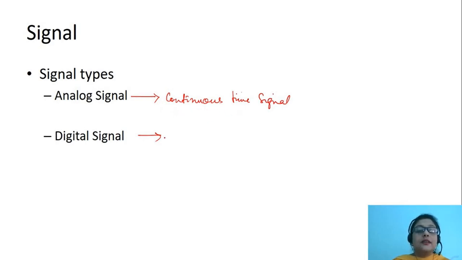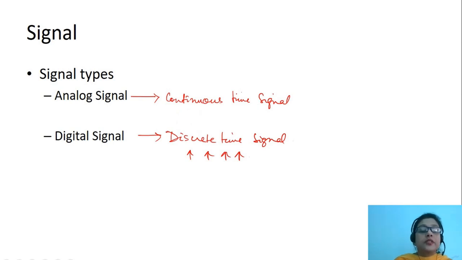And a digital signal is basically a discrete time signal and it exists at certain instants of time. So this is one way of representing signal types like analog signal and digital signal. We will learn in more detail about the analog signal and digital signal.